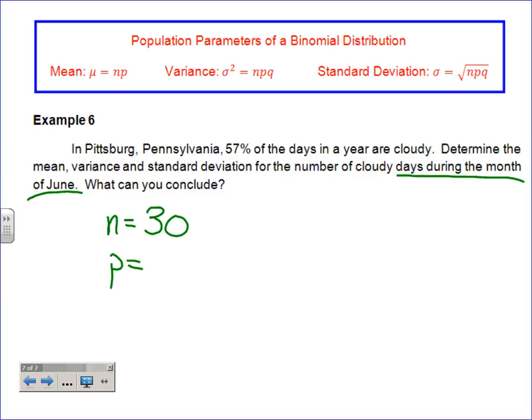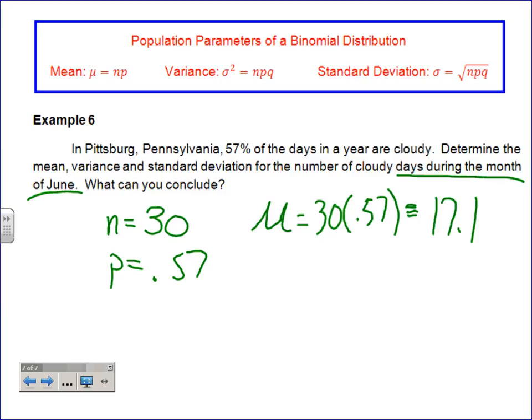So there's 30 days in June, and p is 0.57. There's no guarantee that it's 0.57, because I could have said, what's the probability that it doesn't rain, or something like that, right? And so to get the mean, which is mu, you just take n, which is 30, times p, which is 0.57. That's the average, approximately. What, 17.1?